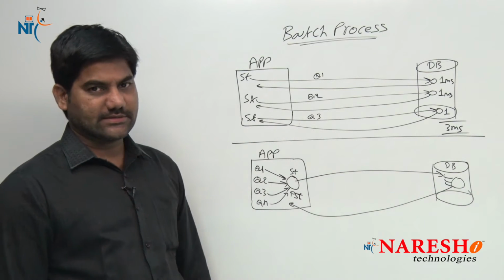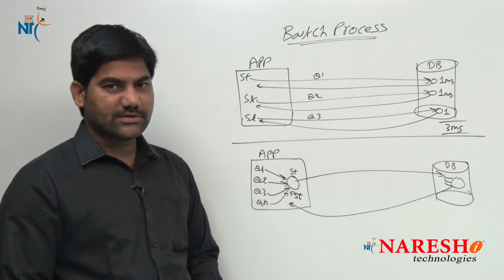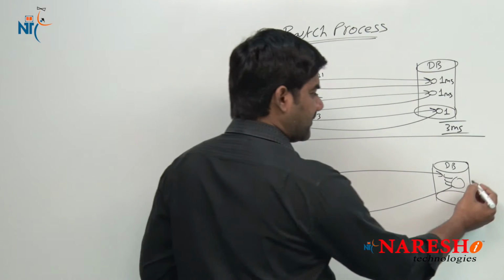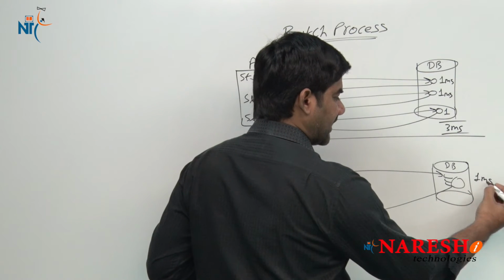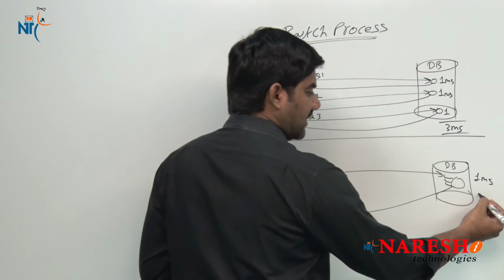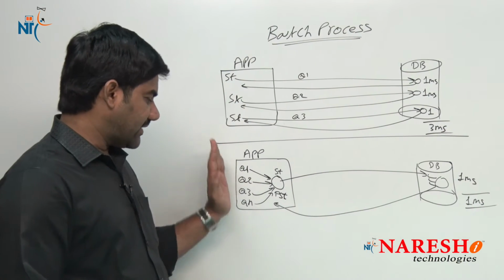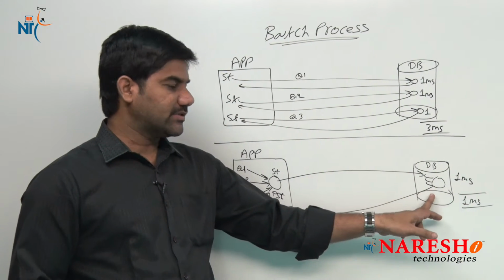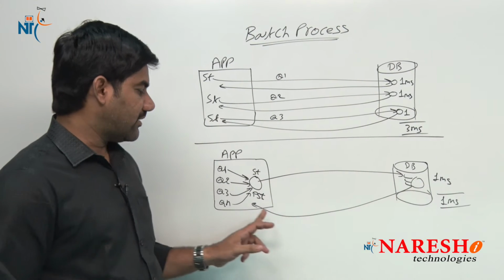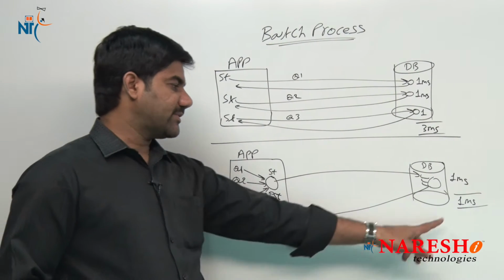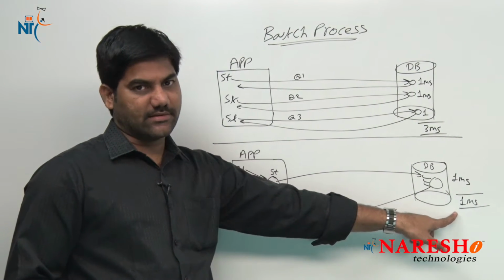Query operation success. How many times do we travel to the database here, sir? One time we travel. So how much time is required? 1 millisecond. And the total is also 1 millisecond only. For running n queries, we travel to the database only once and come back also only once. So the total time required is only 1 millisecond.